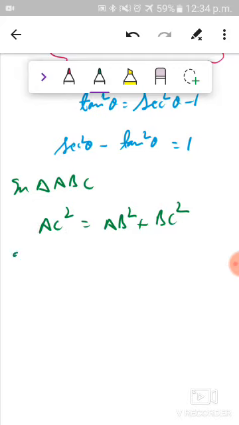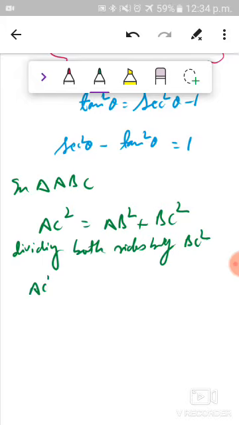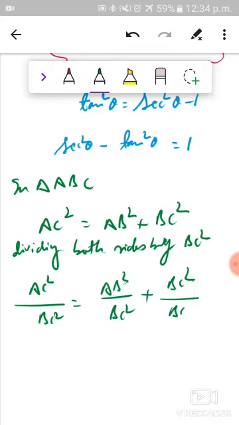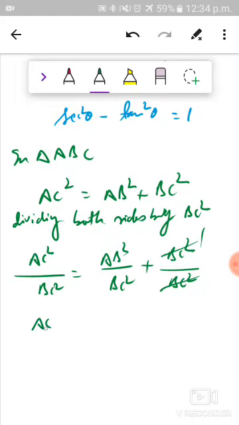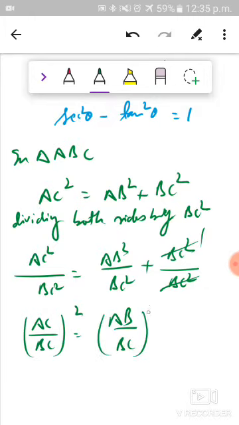Now dividing both sides by BC square, let us see what happens. AC square by BC square equals AB square by BC square plus BC square by BC square. BC square is cancelled by BC square. So we got (AC by BC) whole square equals (AB by BC) whole square plus 1.